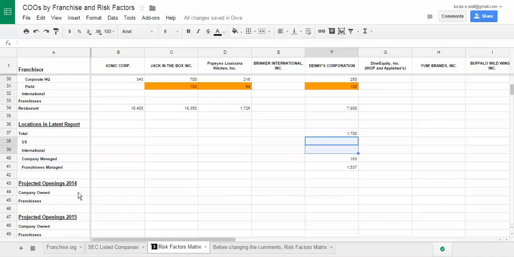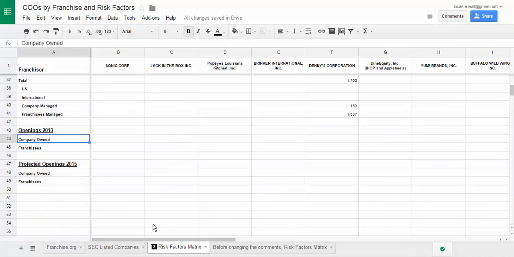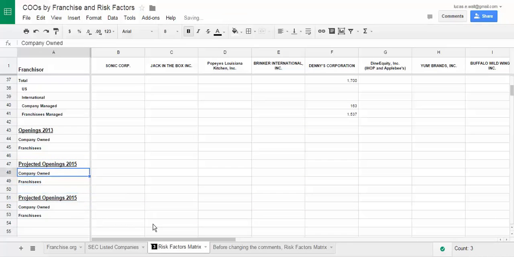So with that, I want you to include that number here, and we'll call them simply openings in 2013, and we're going to call this projected openings in 2014 and then 2015, in case we can find that information.